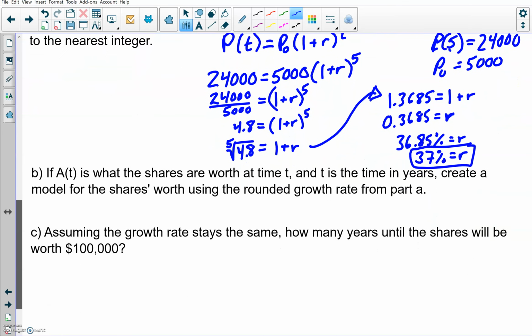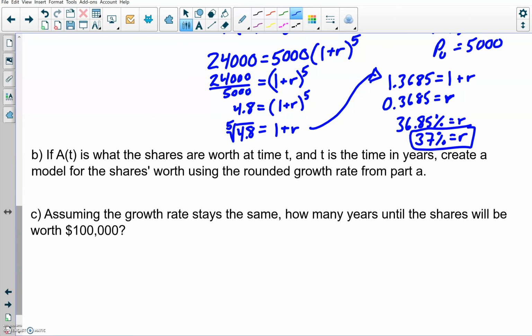And then moving to part B, if A of t is what the shares are worth at time t, and t is time in years, create a model for the shares' worth using the rounded growth rate from part A. So now we're just putting this together. So A of t, they're using a little different notation. A, P, I see both of them show up.